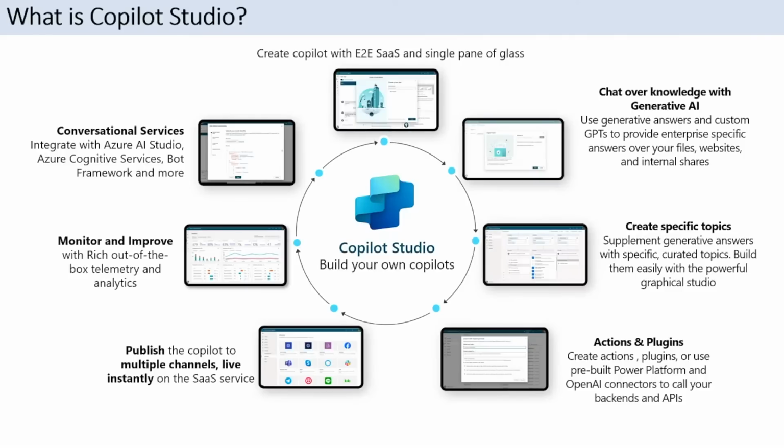Those topics provide some generative AI capabilities, some standard AI capabilities, and we also provide actions and plugins which customers can build by themselves, to leverage their third-party application capabilities, and they can publish, monitor, and improve afterwards. So finally, we want to provide conversational services via Copilot Studio so that customers will have their own bot, which is dedicated to their business.